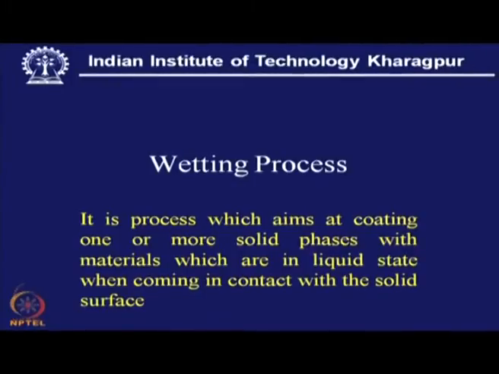It is a process which aims at coating one or more solid phases with materials which are in liquid state and which come in contact with the solid surface. So, it basically means the spontaneity in spreading of the liquid over the solid surface once it is brought in contact with that solid.